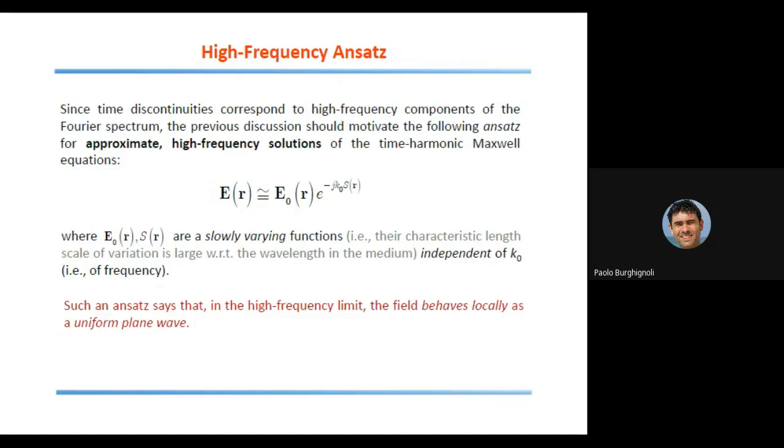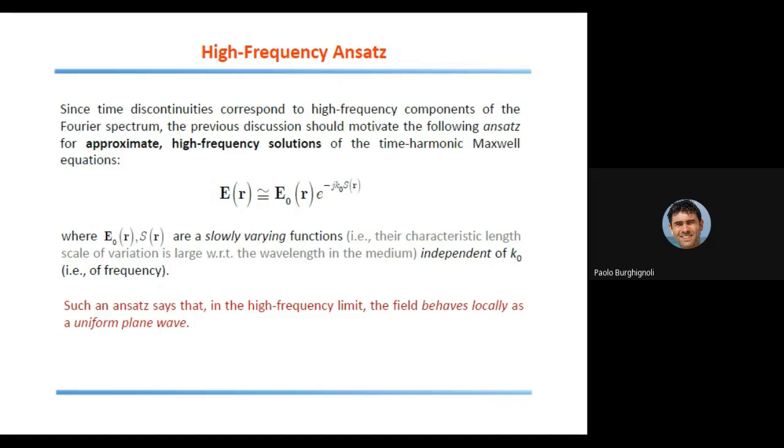Now, since the wavefront is a place where the electromagnetic field has a discontinuity, then you can imagine that, for the properties of the Fourier transform, a discontinuity gives rise to the part of the spectrum which is located at high frequencies, high temporal frequencies.